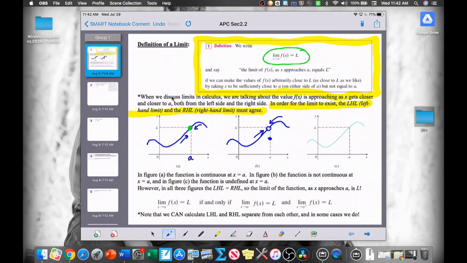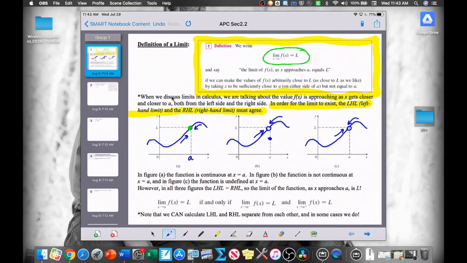And then the last example is very similar, except there's still a hole, but there's no closed circle anywhere else. So the graph just doesn't exist when x equals a. And that's okay. The limit still exists because as we plug numbers in on the left side of a and we plug numbers in on the right side of a, both sides of our curve as we get closer to a are approaching that value of L. And there's an explanation here below.